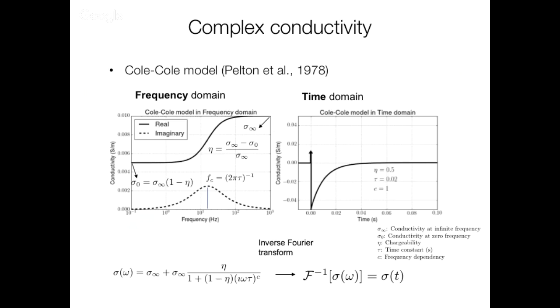In the Pelton model, we tend to work often with conductivity. Conductivity increases at higher frequency, and here's the real part, here's the imaginary part. If we take the Fourier transform of this, then we get a response function that has a delta function, and then it's got this negative decay.